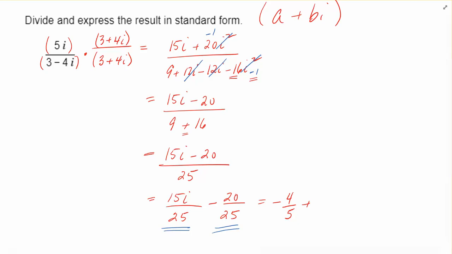So it's a plus that term. So 15 over 25 reduces to be 3/5, and then I'm going to pull my i out front. So in standard form, this problem ends up being negative 4/5 plus 3/5 i when I divide the problem.